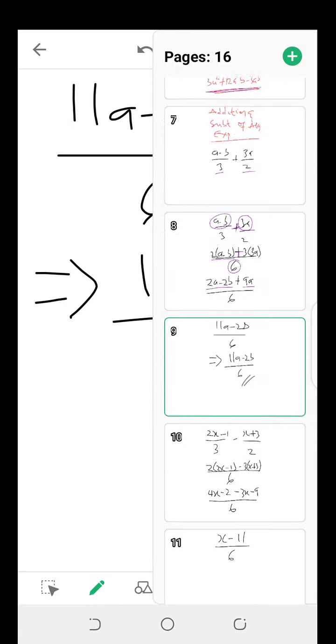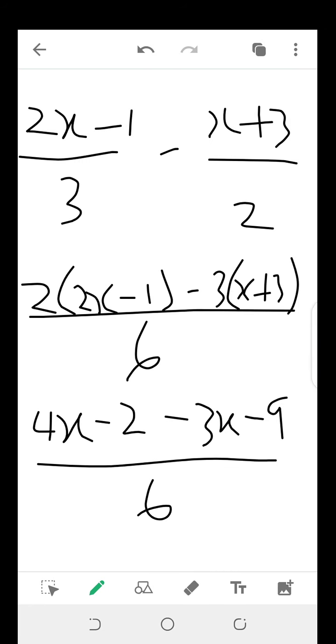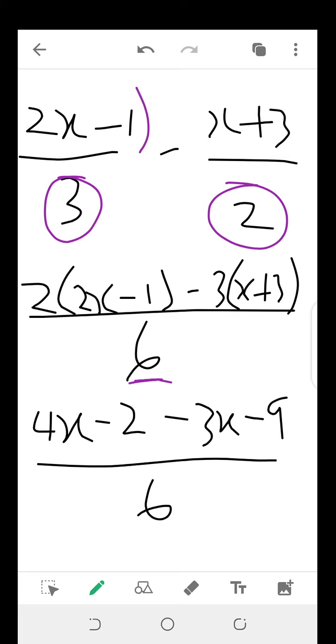We are moving on to take another example here, and this one has denominators 3 and 2, and the LCM is 6. So 6 divided by the denominator of the first fraction, which is 3, will give us 2, and we use the 2 to multiply the whole of the numerator of the first fraction.